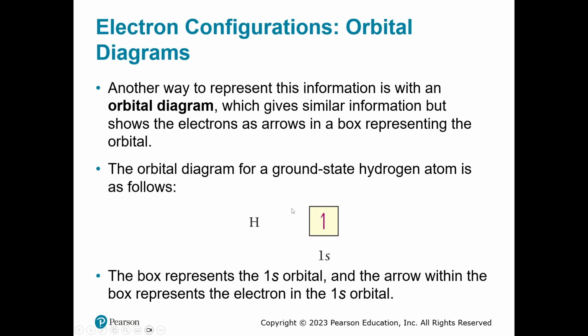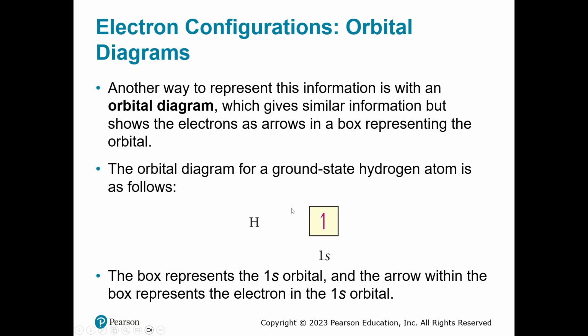Electron configurations will show the entire set of electrons. If it's atomic number 20, we'll show all 20 electrons and which orbitals they're in respectively. For orbital diagrams, we'll just show the valence shell.